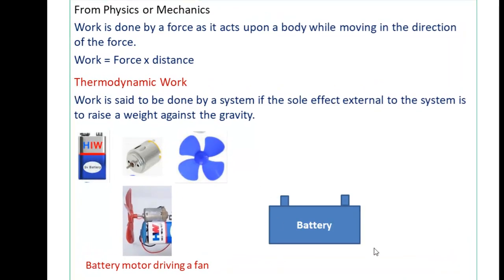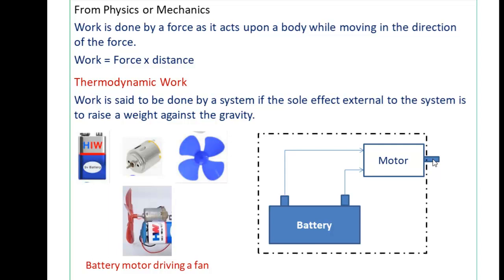So now let us consider the same battery, and we are going to connect this battery to an electric motor, and the shaft of the electric motor is going to rotate. Now assume that I consider this as a system, and external to the system I couple a pulley to the shaft of the electric motor. I attach a string to this pulley, and the other end of the string is connected to a weight.